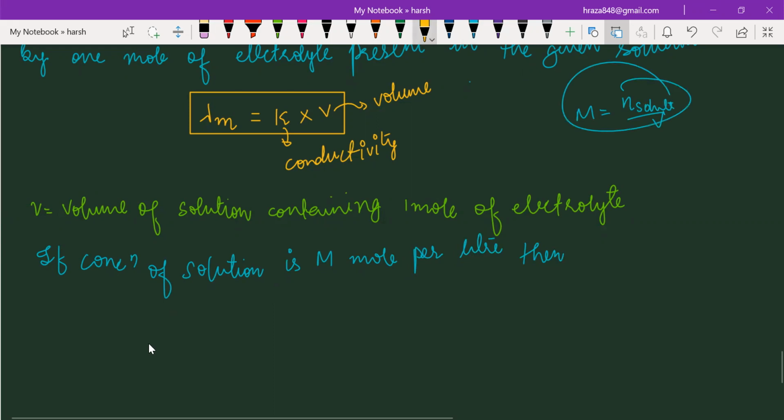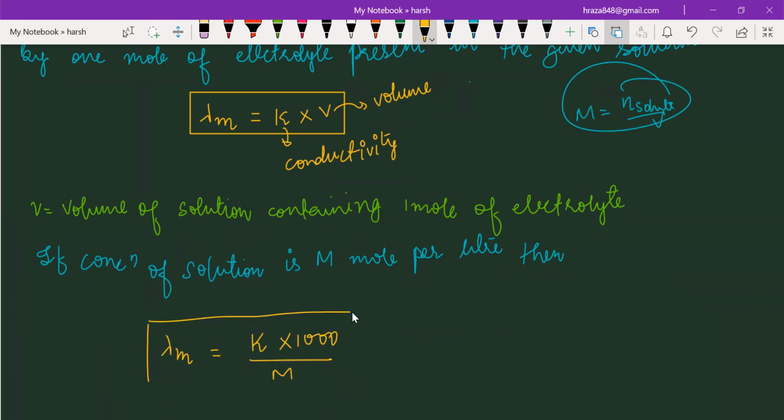So we will get lambda m equal to kappa into 1000 upon M. This will be the formula for molar conductivity.